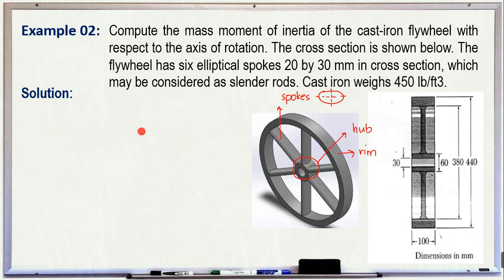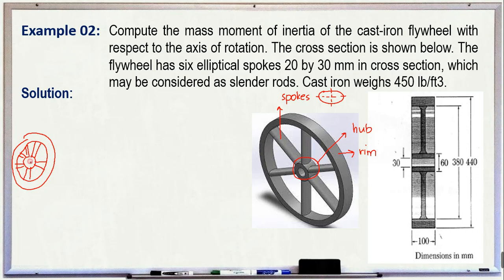Based on the illustration, we have the original flywheel. Sorry for the drawing. It has 6 spokes: 2, 3, 4, 5, 6.